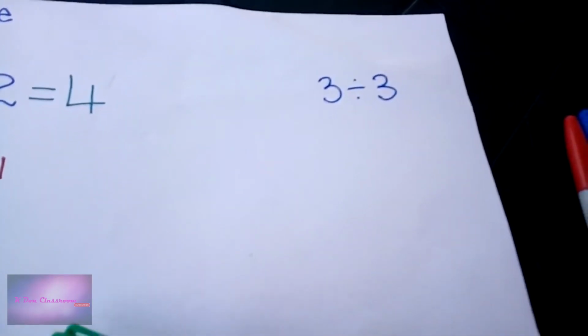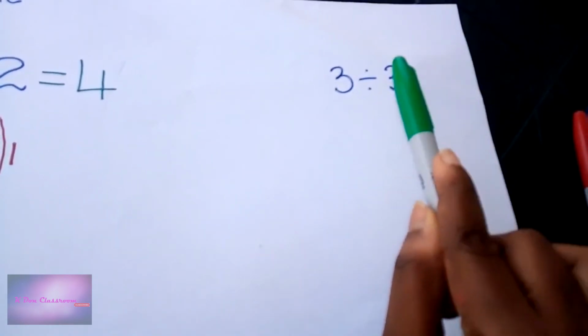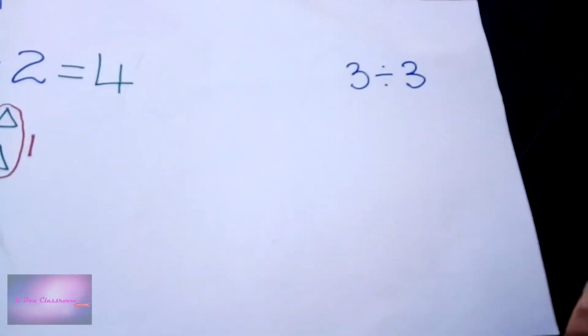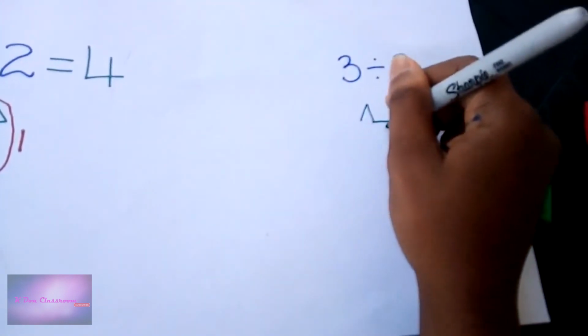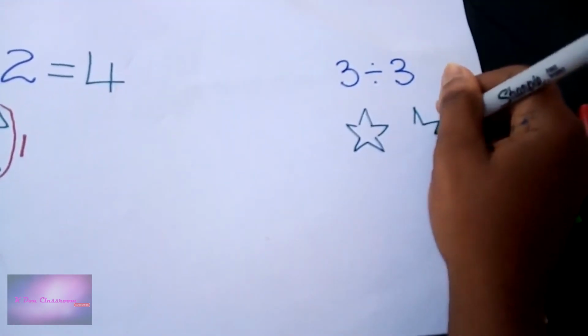Now our next number sentence says 3 divided by 3. So we are going to group again. Remember, you can draw anything you like. So I think I am going to draw 3 stars.